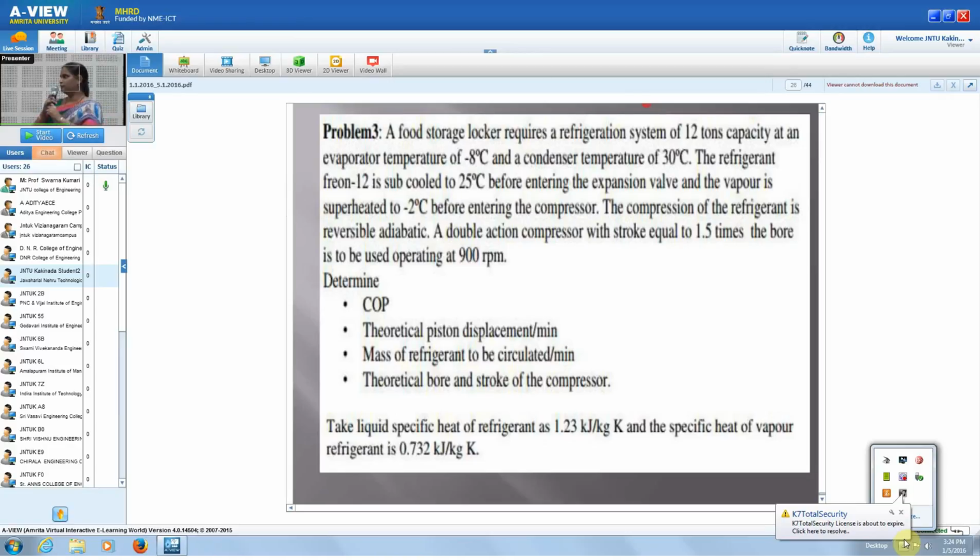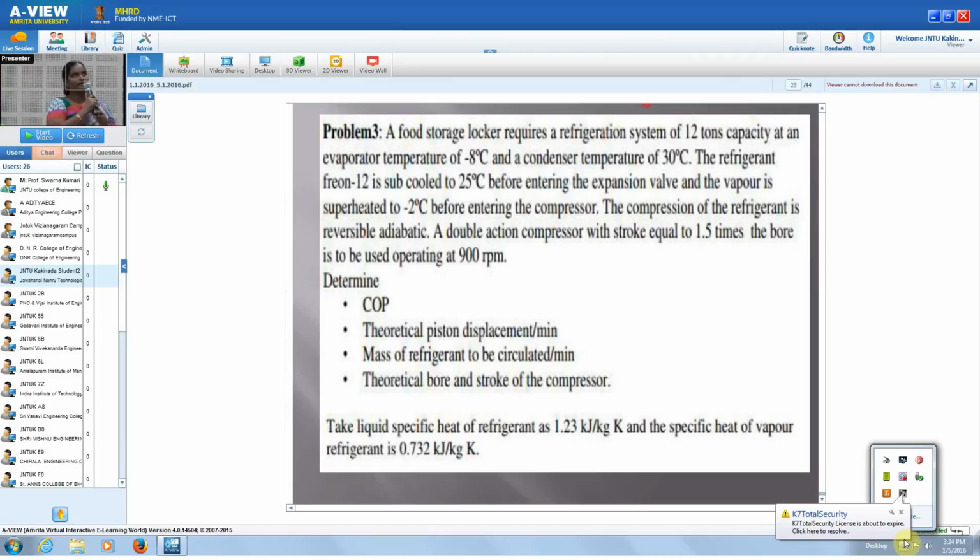So in this problem, the deviation from the previous problem is that at the suction of the compressor, the refrigerant is in the superheated condition. The actual evaporator temperature required is minus 8 degrees centigrade, but the refrigerant at the suction of the compressor is superheated to minus 2 degrees centigrade. So it is superheated by 6 degrees centigrade, from minus 8 to minus 2.